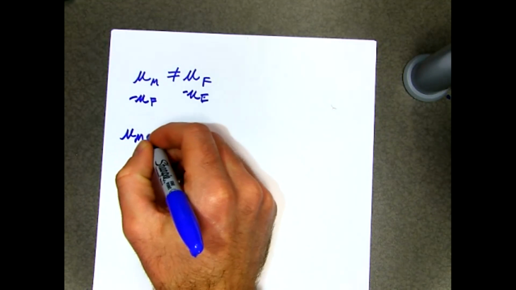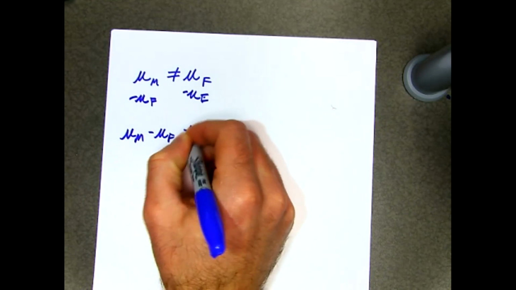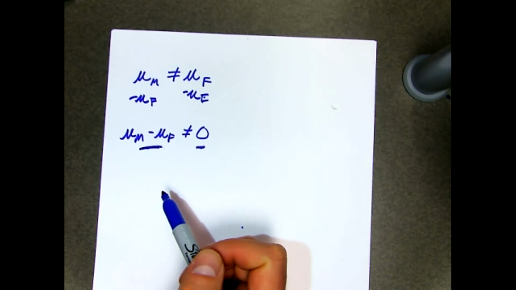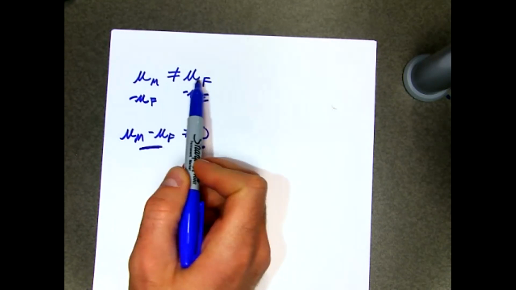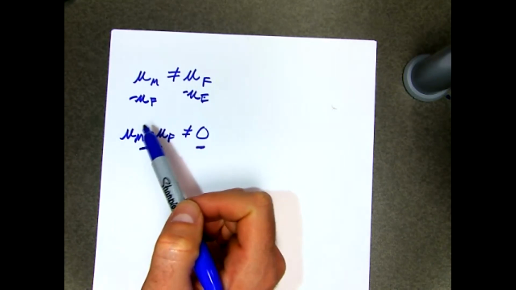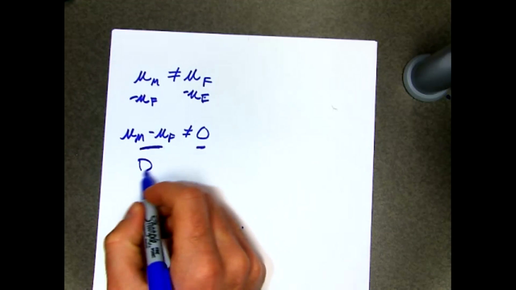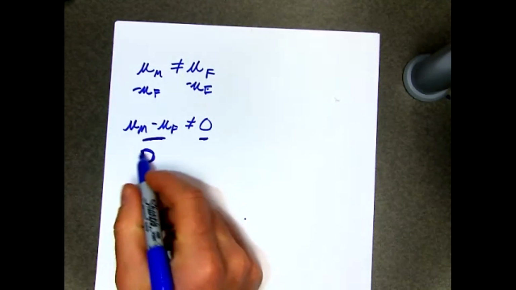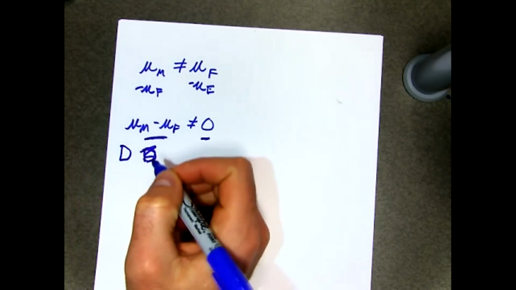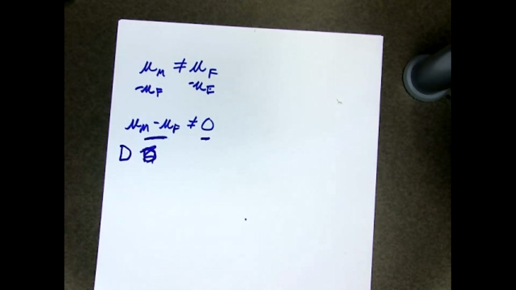What I'm really saying is: is the difference between those 2 anything other than 0? If I'm asking whether the average salaries for males and females are different from one another, are they not equal to each other, I can rearrange that to say, is that difference something other than 0 between the 2 groups? This is supposed to be a D, not a 0. It looks even more like a 0. There we go.